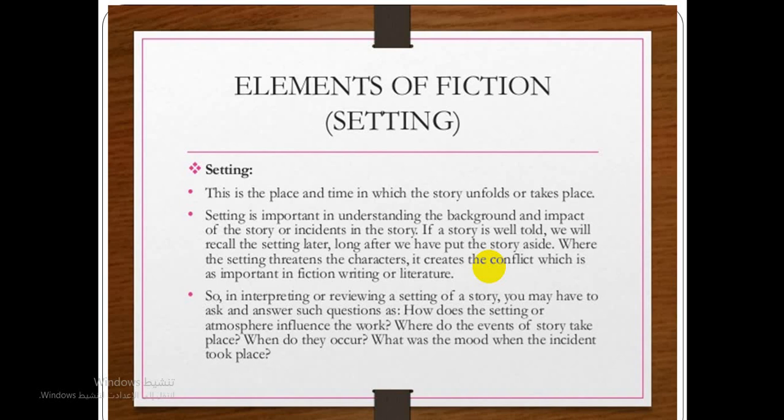Is it an important part of the plot or theme, or is it just a backdrop against which the action takes place? Also ask how the setting is created. Consider geography, weather, time of the day, social conditions, etc.